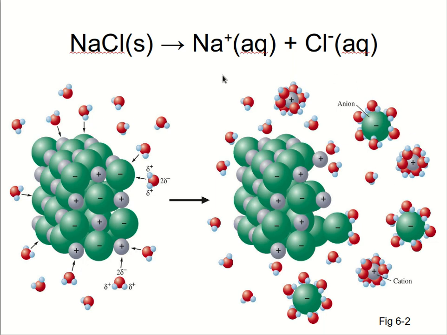But this is a very important graphic. If you understand the concept of this graphic, you understand electrolytic dissociation. Study this graphic, it's in your book. If you understand this graphic and really know what every aspect of it means, then you understand electrolytic dissociation.